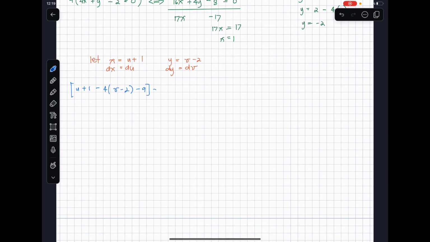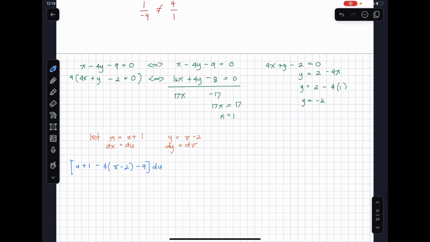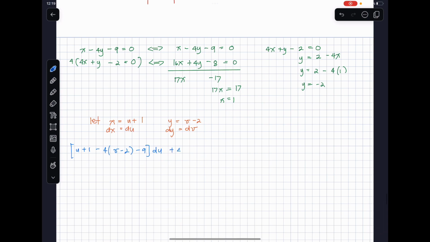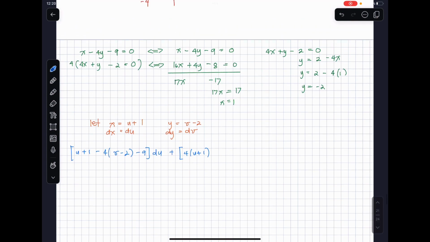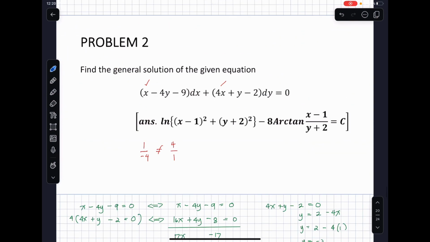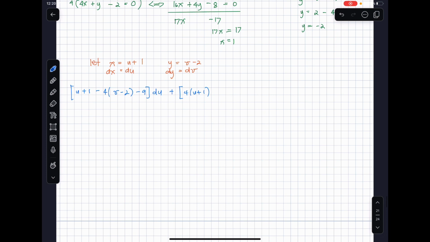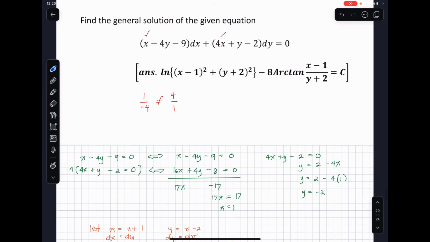Minus 9, so dx is du. The next is plus 4x plus y minus 2. x is u plus 1, so 4 times u plus 1, then plus y minus 2. y is v minus 2, plus minus 2.